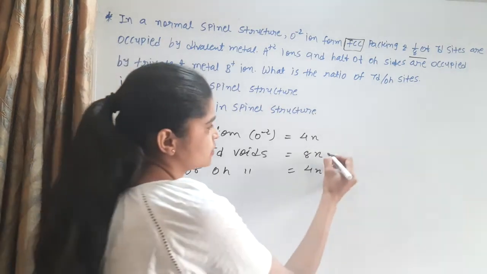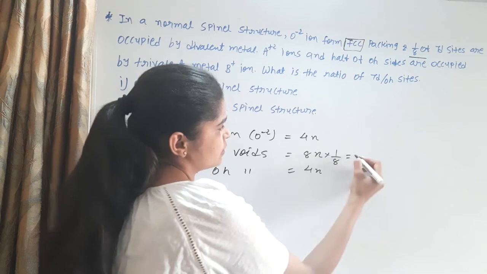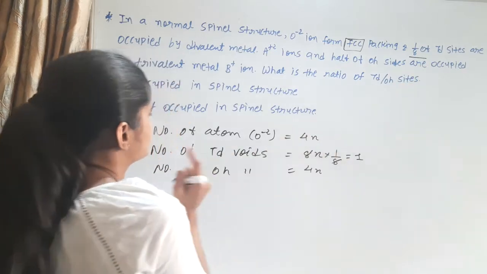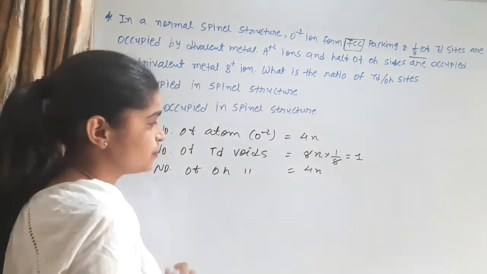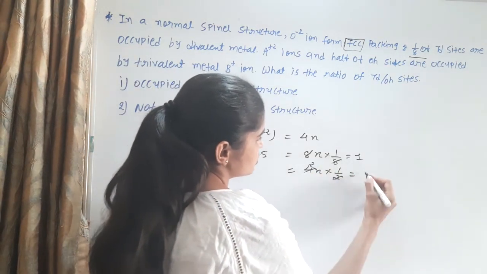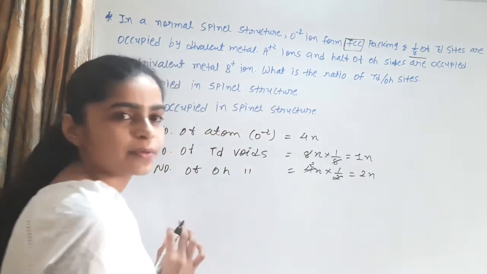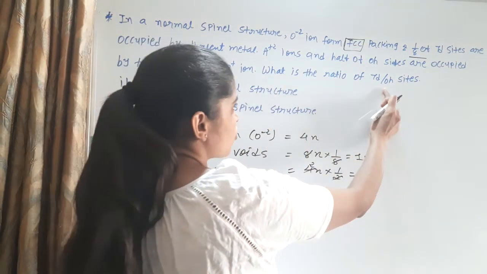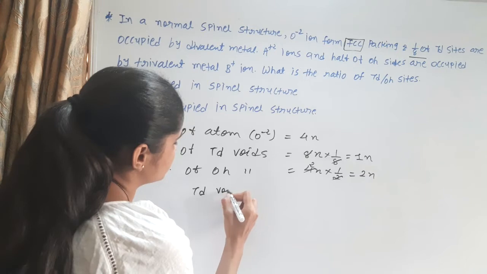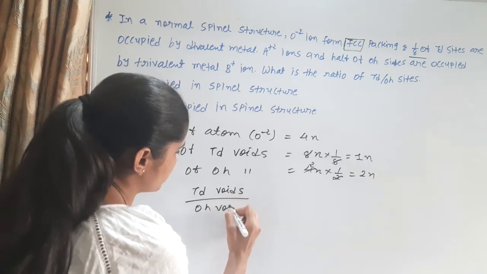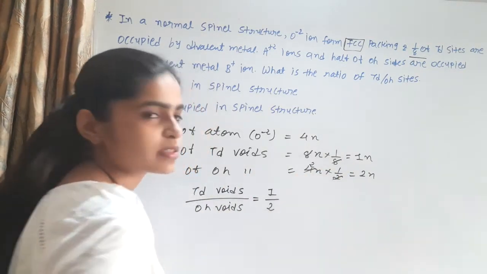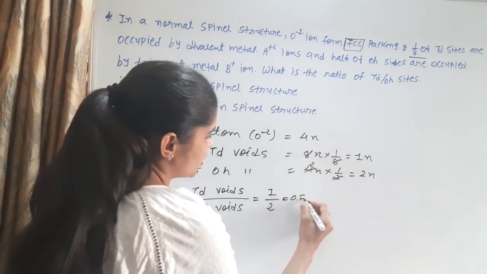This is the 1 by 8, n is equal to 1. Then 1/2 of the octahedral sites are occupied by trivalent metal ion. Number of octahedral sites, 1 by half, this is 2n. Then find out the ratio of tetrahedral by octahedral sites. So tetrahedral voids divided by octahedral voids: tetrahedral voids is equal to 1 and octahedral voids is equal to 2. So its ratio is 0.5.